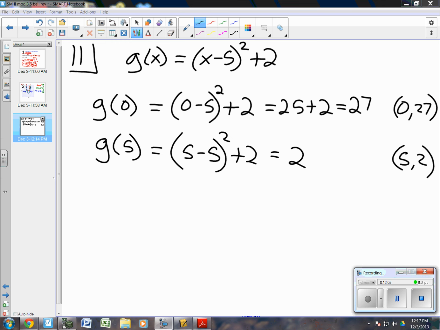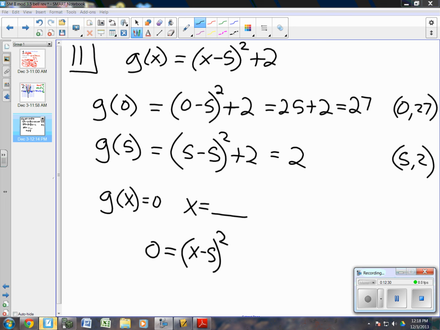The next one is asking you to find g of x equals 0. What is x equal? Well, if g of x is 0, here's g of x right here, right? I'm going to replace g of x with 0, so 0 equals (x minus 5) squared plus 2, and I have to solve that for x.